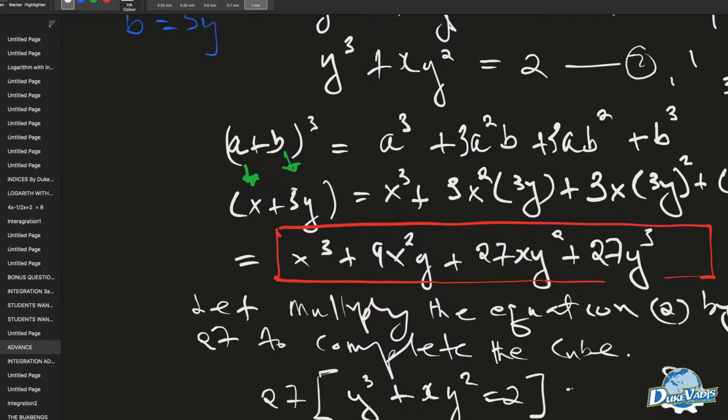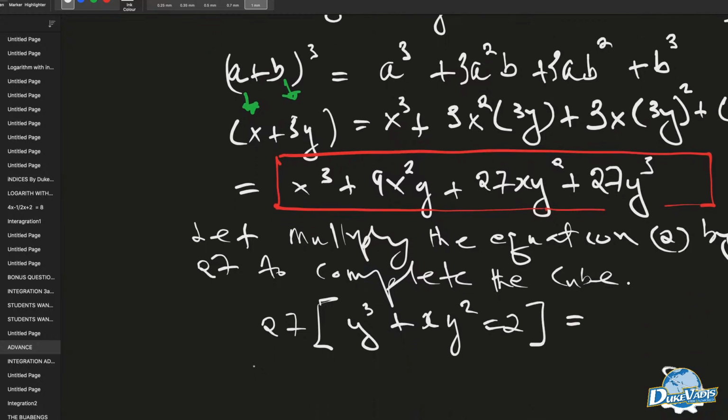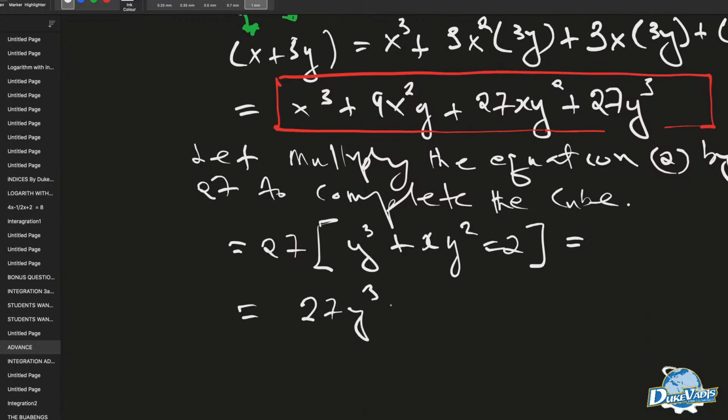If we do that, then our answer will be 27y cubed plus 27xy squared is equal to 54. Okay, so let's call this one equation 3. Fantastic.